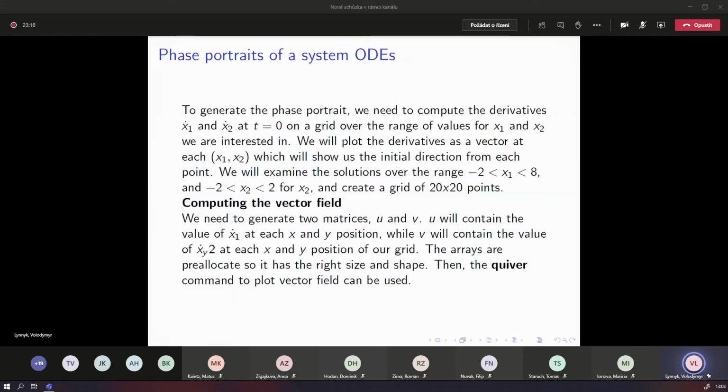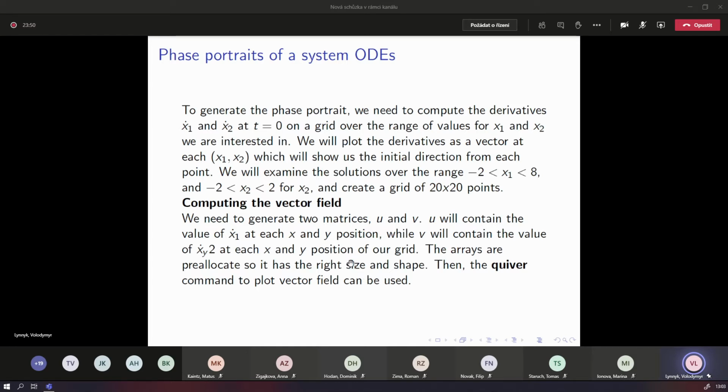We'll examine the solutions over the range from -2 to 8 for x1, and for x2 from -2 to 2, and create a grid of 20 by 20 points. And then we need to compute the vector field.